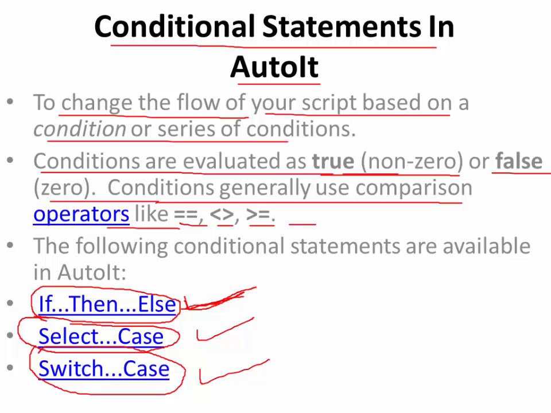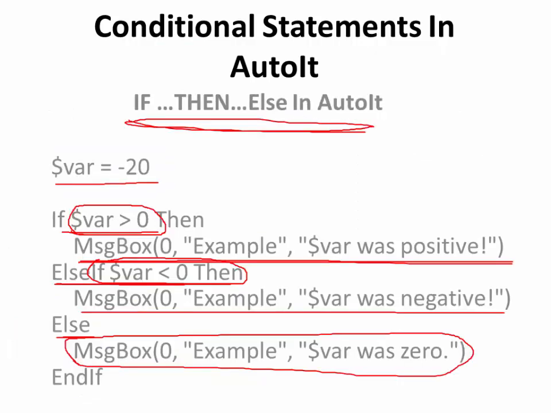If we have a large number of conditional statements, we use the select case statement. And if we have range-type variables or conditions, we use the switch case, as we studied in these slides. So for a small number of cases we use the if then conditional statement.